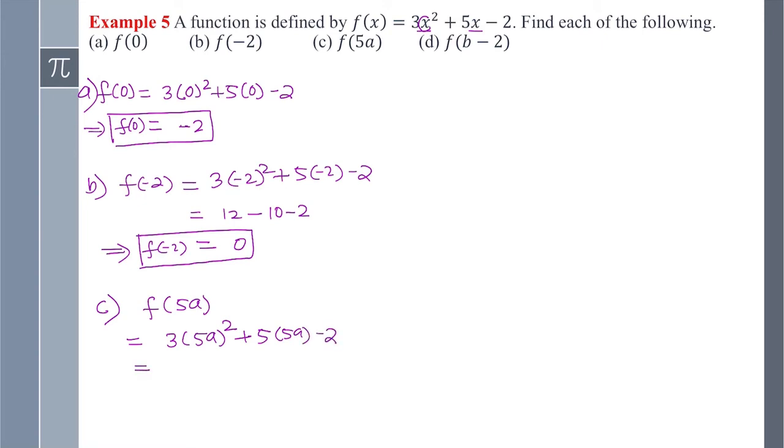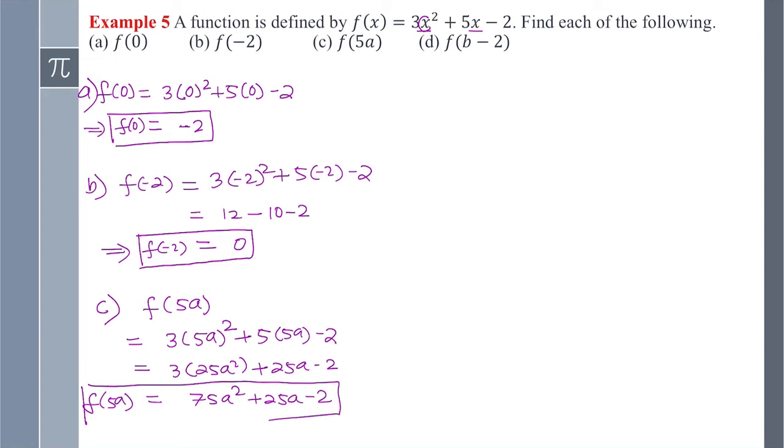So 5a squared is 25a squared, plus 5 times 5 is 25a, minus 2. That gives us 75a squared plus 25a minus 2. So f of 5a equals that.